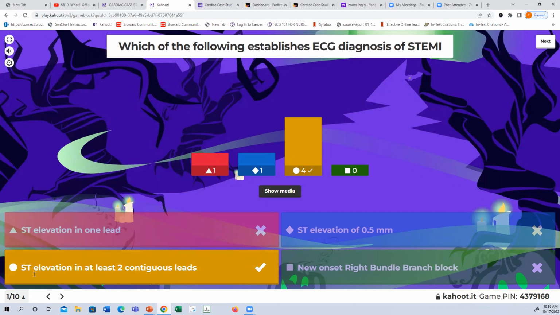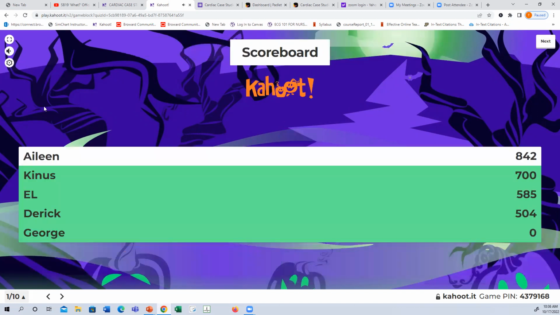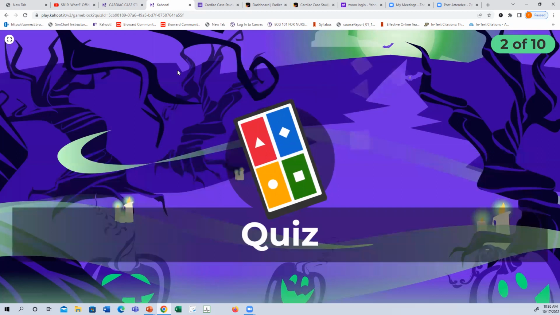So the correct answer here is ST elevation in at least two contiguous leads, and the ones with the fastest response, and they were correct, are Eileen, Keenus, EL, Derek, and George. Congratulations. Okay, let's go to the next one.